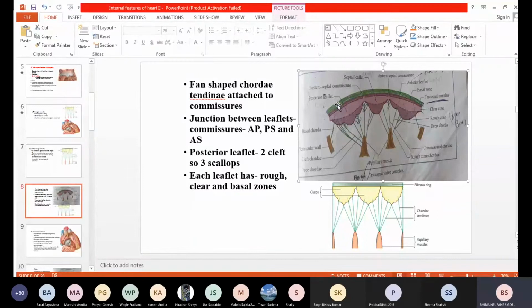It is a very narrow area. So the three zones of the cusp or leaflet are the anterior-most rough zone, the intermediate clear zone, and the deeper basal zone, which is approximated with the fibrous annulus, or the tricuspid annulus.